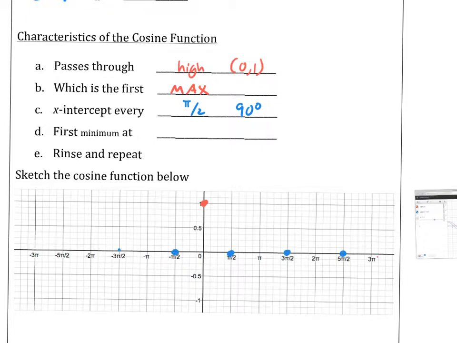Our first minimum occurs at pi, all the way down there. And of course, the maxes happen every so often, and the mins happen every so often.